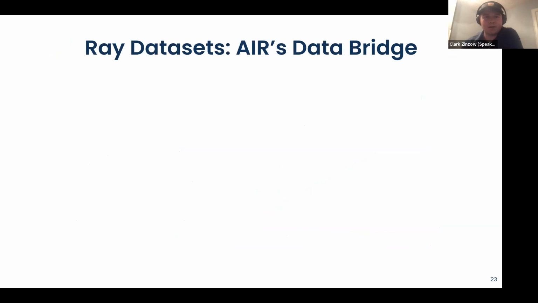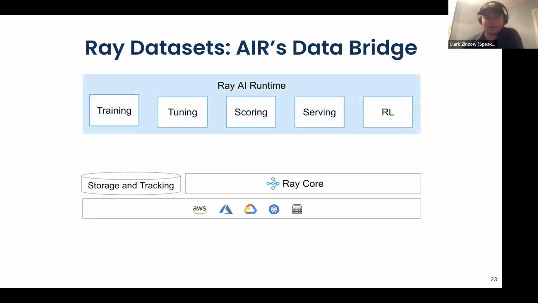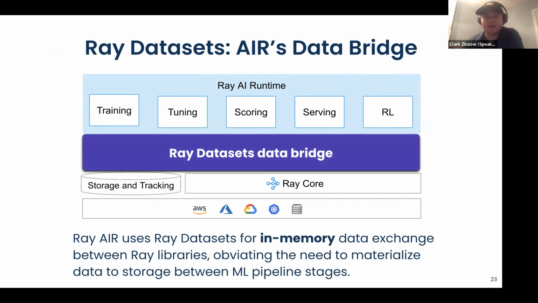So what is Ray Datasets and why is it nice? You can think of it as AIR's data bridge, between the higher level AIR APIs for training, scoring, all that stuff, and Ray Core. Datasets is the in-memory data bridge where we have some well-defined data formats that we support that we can then offer some pretty compelling data processing operations on top of, geared towards the training and scoring use cases.